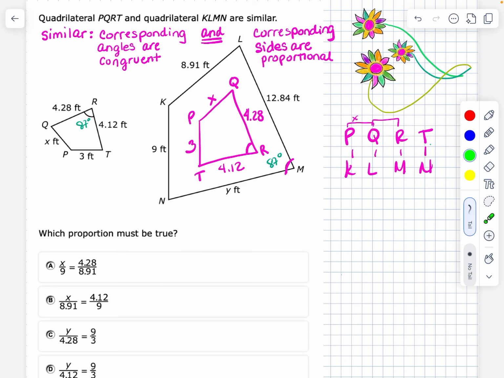So A says X is to 9, and 4.28 is to 8.91. Okay, I'm not liking that already because I really want to compare this side to this side, because I know if I multiply this whatever this number is by 3, I'll get this, or divide this by 3 and I'll get this, okay? So I'm not seeing it.